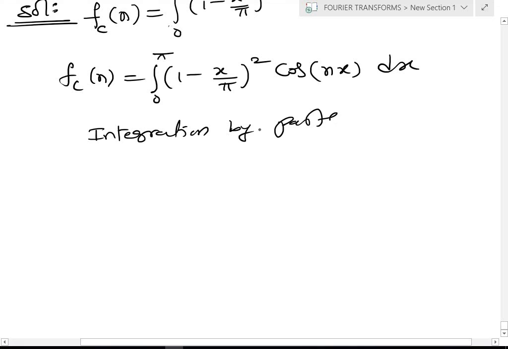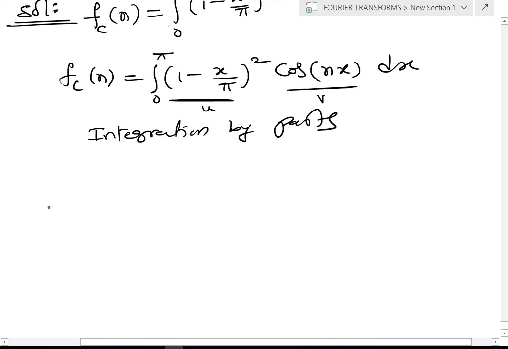There is no other option. Definitely integration by parts, we need to do it. What will the integration by parts be here? Okay, so this I'll take as u, and this I'll take as v.